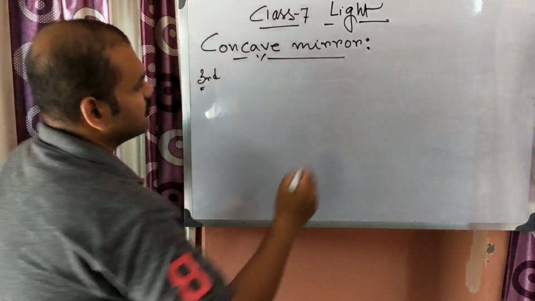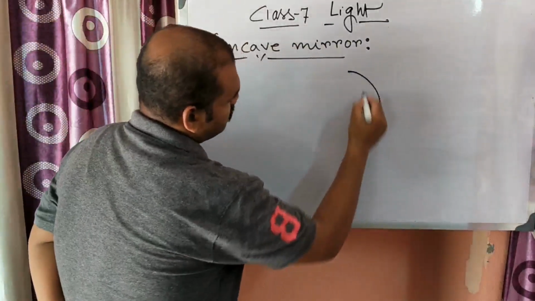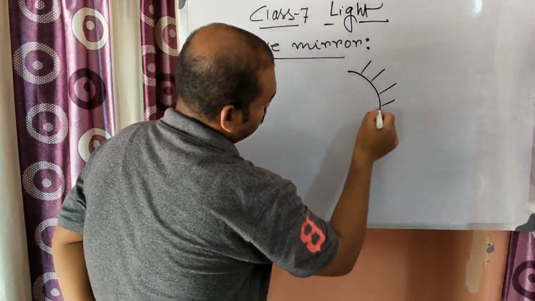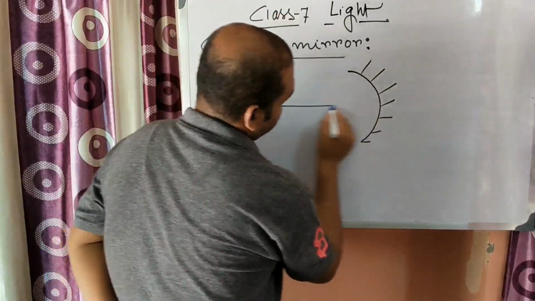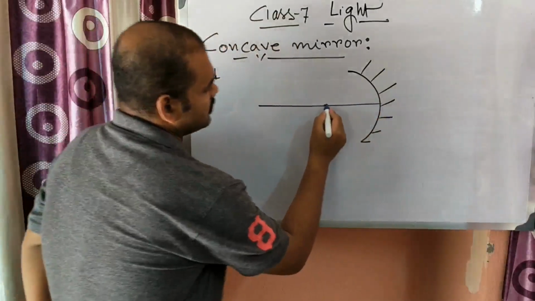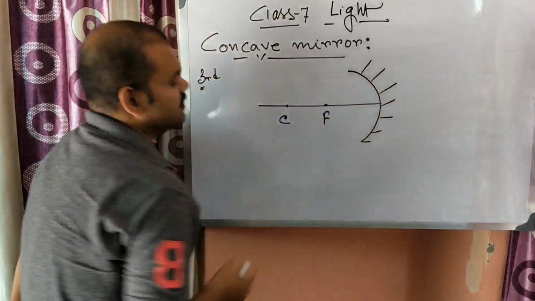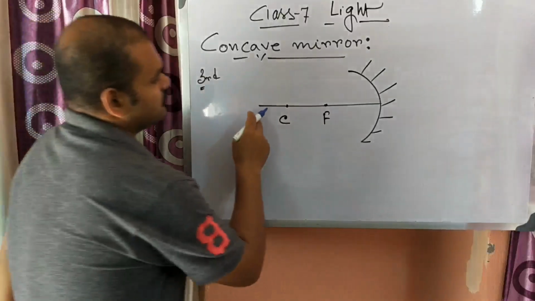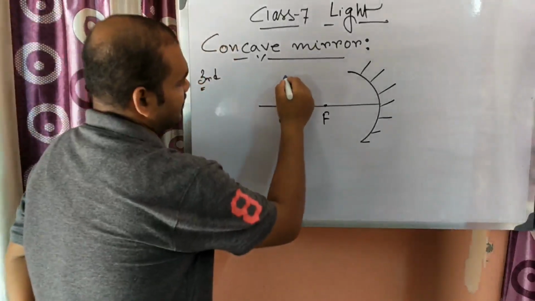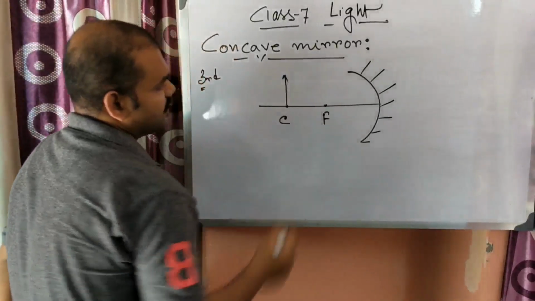Third position. So in the third position, this is F, this is C. Suppose the object is placed at C, then what will happen?